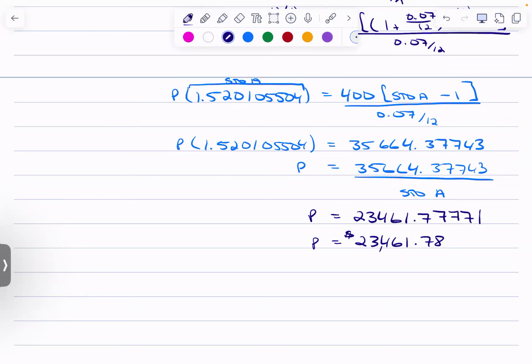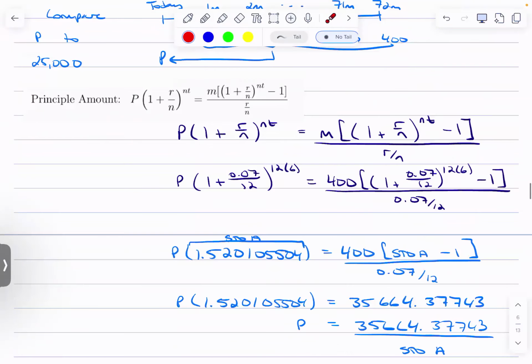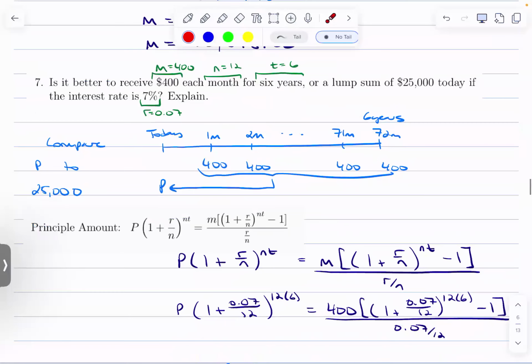So which one do you prefer? Do you want $23,461.78, or do you want 25,000? I'm going to go for 25. I would much prefer that.